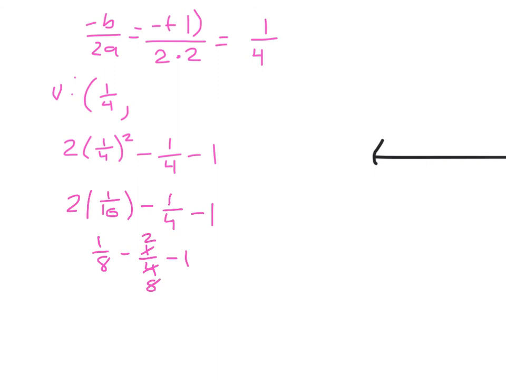And then I'm going to multiply the top and the bottom of the 1 by 8. So this is 8/8. And now I just combine the numerators together. So 1 minus 2 minus 8 would be negative 9 over 8. I kind of did that quickly, but everybody sees how I got that? So our y is negative 9 over 8.